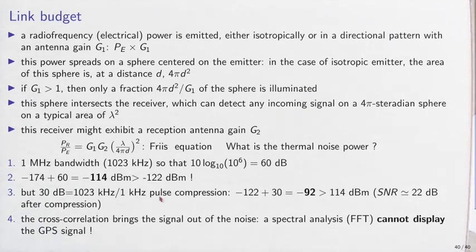But thanks to pulse compression, by collapsing all the energy that is spread over the 1 megahertz bandwidth into the carrier, we see that the 1023 bit long sequence will improve the signal to noise ratio 1000-fold. 1000-fold is 30 dB signal to noise ratio gain, and we see that the minus 122 dBm is raised to minus 92 dBm, which is above the minus 114 dBm.